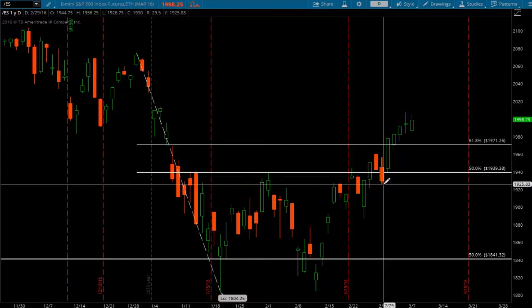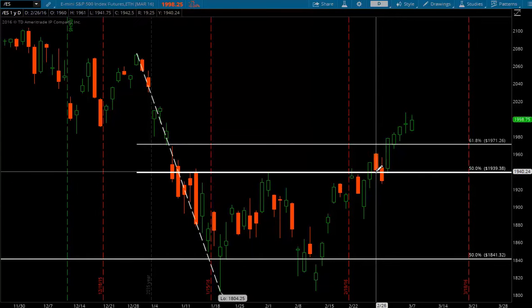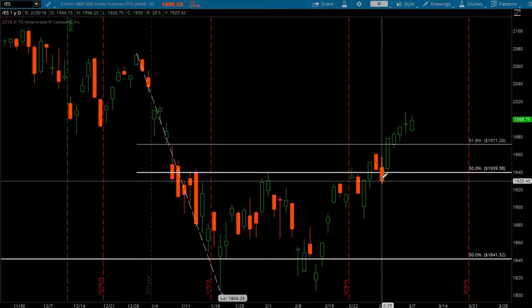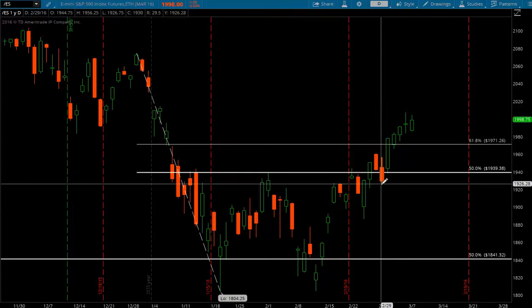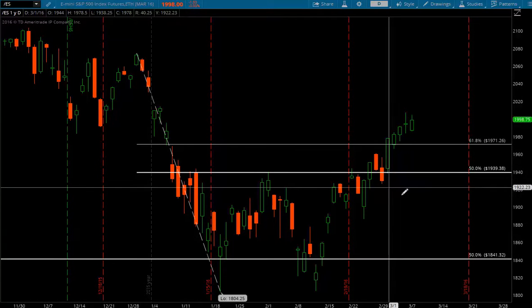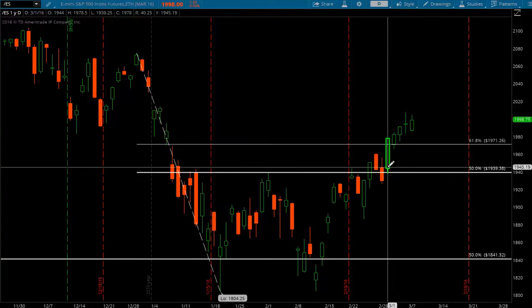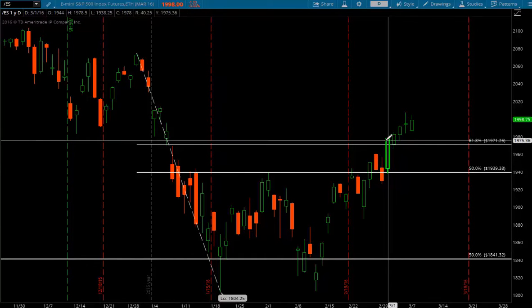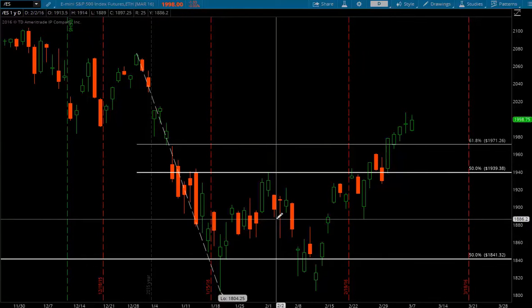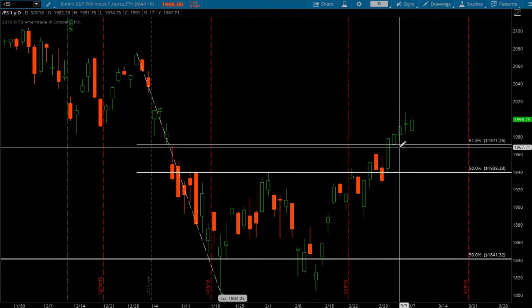And we got that for all of one day. We had a nice break of the low of the high bar, had a downtrend on the day, and then the bulls took over and pushed us to new highs from this little double bottom here.